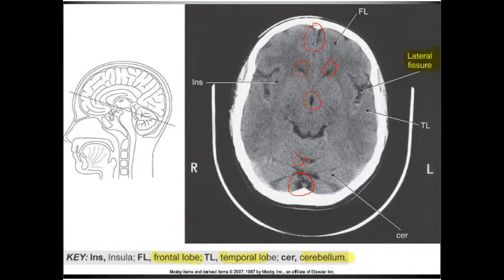This is the cerebellum. Then we also have this area here. Many times this gets slightly confusing, but because we have symmetry, we know that this is not an abnormality, because any abnormality in the brain will definitely cause asymmetry. So we see that this is not abnormal, but this is the lateral fissure.